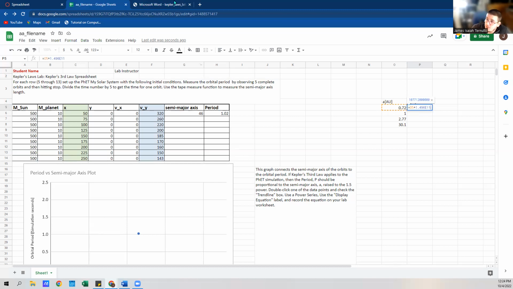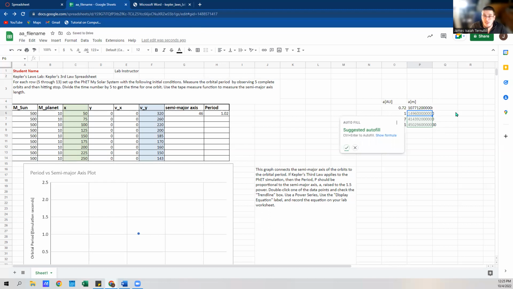Notice that I didn't write the times 10. That's captured in this E. So what this says is 1.496 times 10 to the 11th power. So when I hit enter, it does all the math for me.